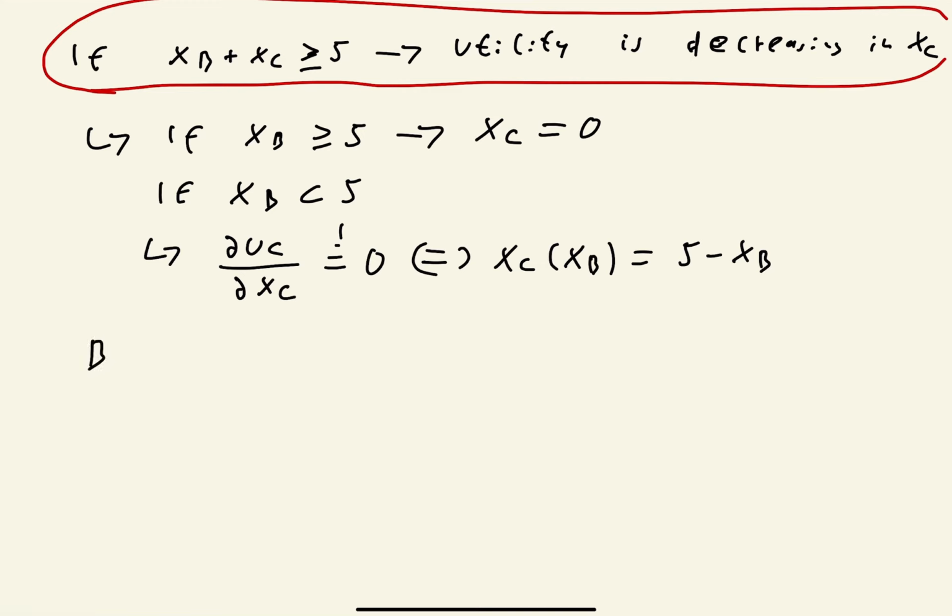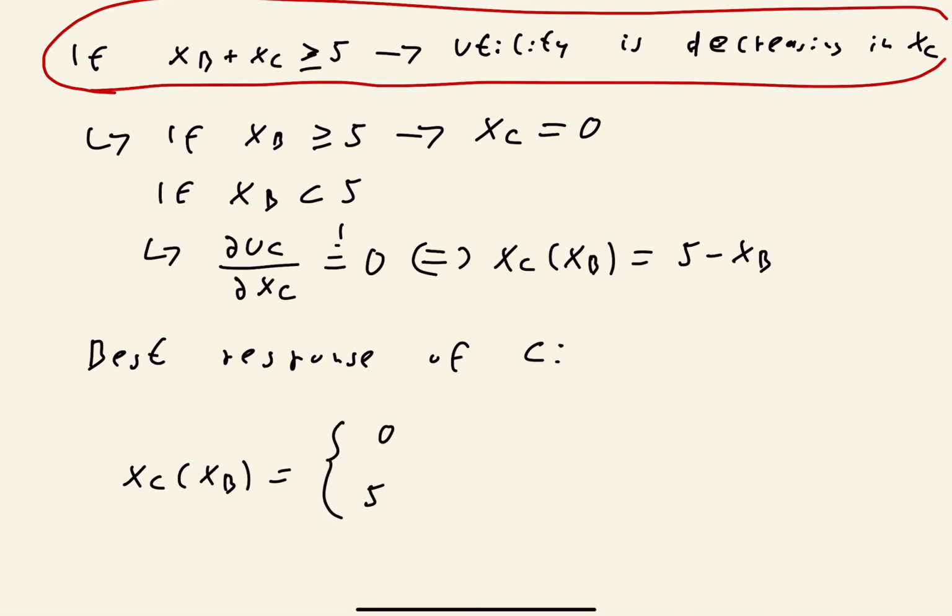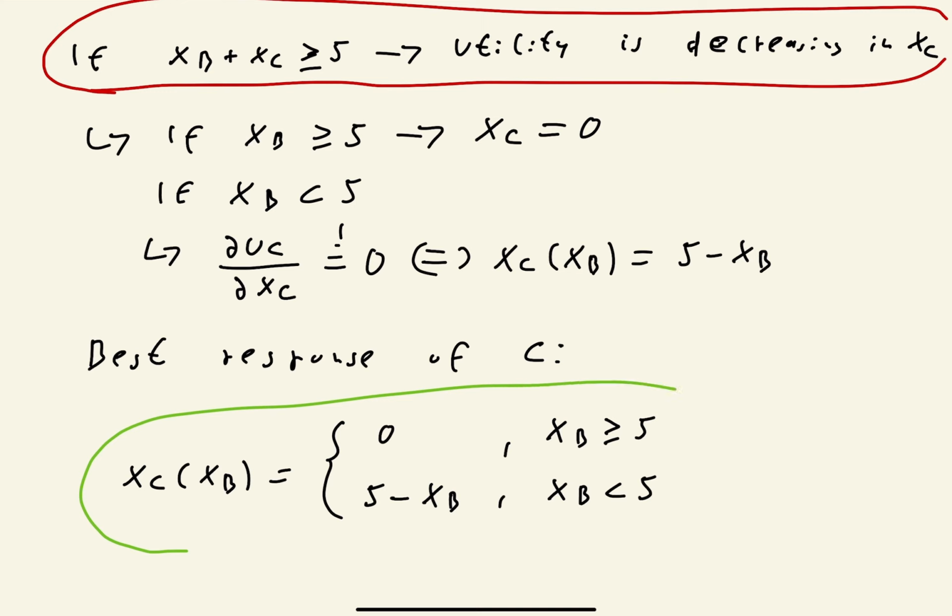Therefore, in summary, the best response of C would be XC depending on XB equal to 0 if XB is weakly larger than 5, and 5 minus XB if XB is strictly smaller than 5. And this is the best response for individual C.